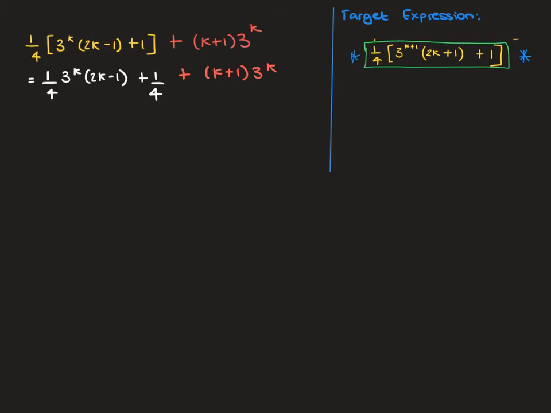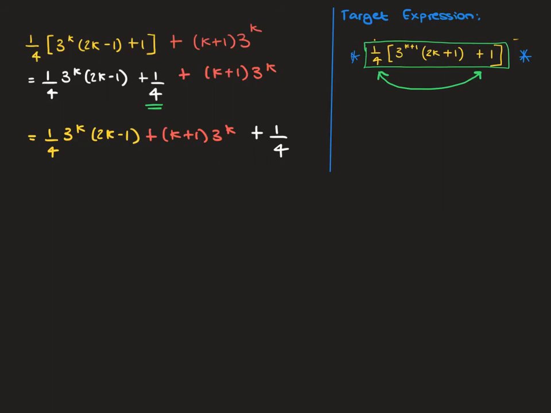Now if you look at the target expression, there's a factor of a quarter at the end of this, which we have already in place. So here's what we're going to do. We're going to rewrite 1 quarter multiplied by 3 to the k, 2k minus 1. Next to that, I'll have the red part, (k plus 1) 3 to the k, and then I'll conveniently just move this factor, this part a quarter, to the very end so we can deal with it later on.